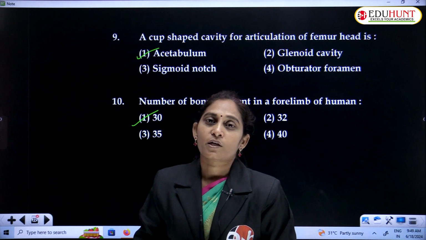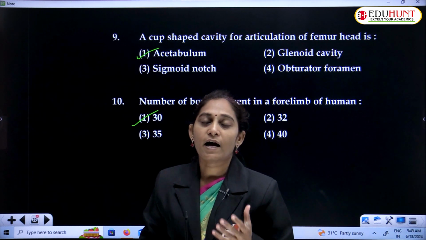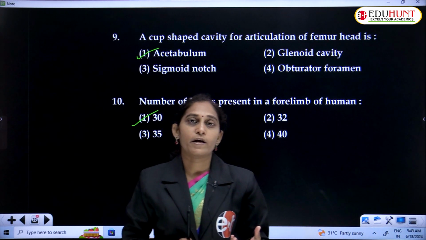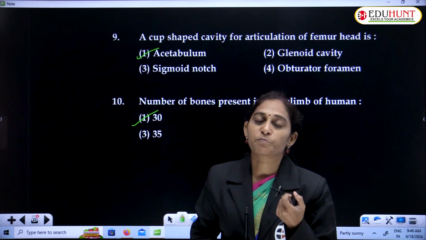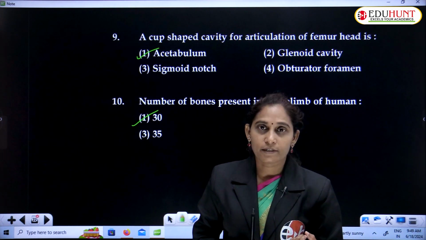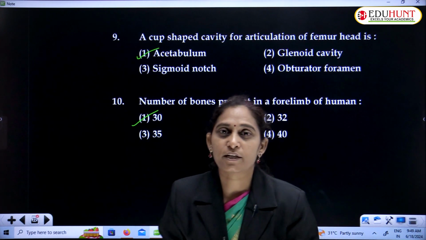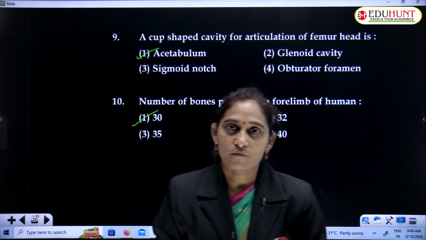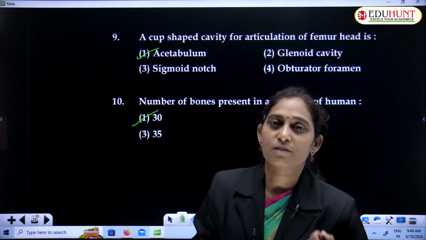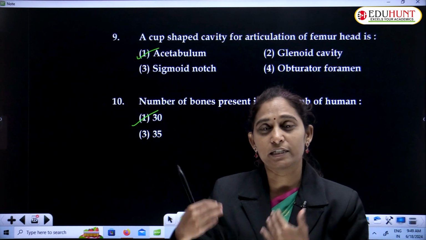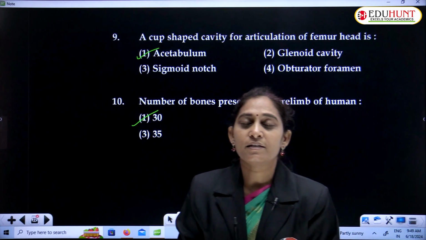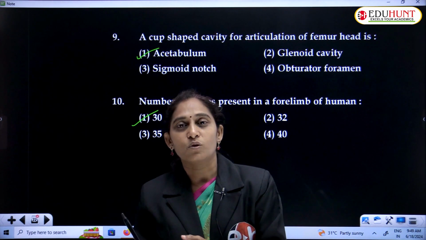Remember this point: some numerical data is present in the axial skeleton and appendicular skeleton, that is the number of bones in each part, whether asked in pairs or in total number.